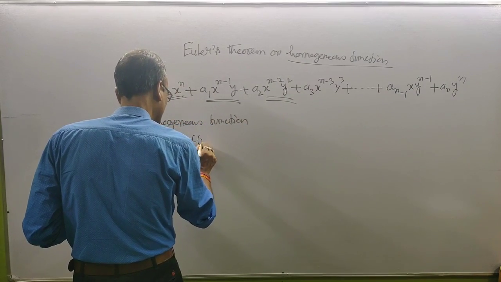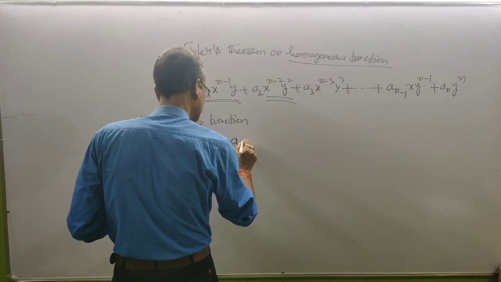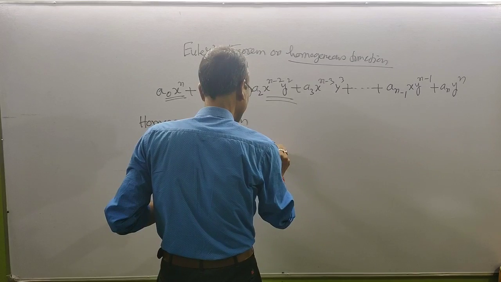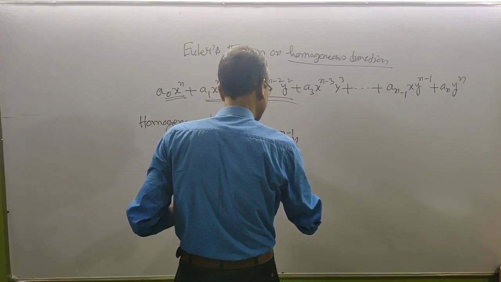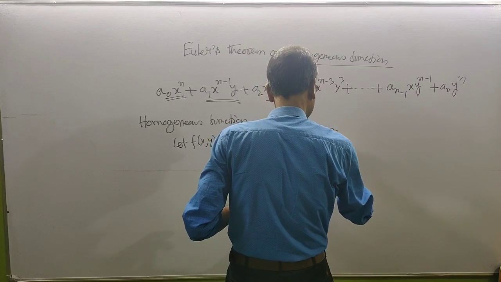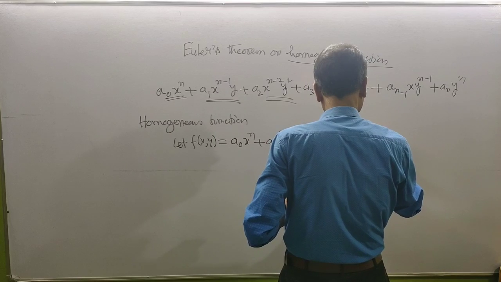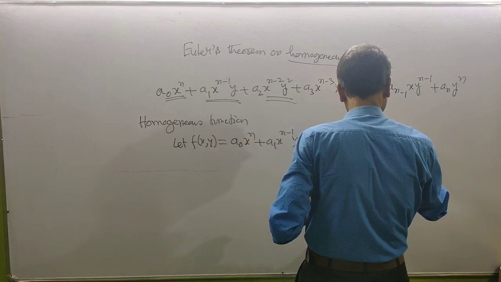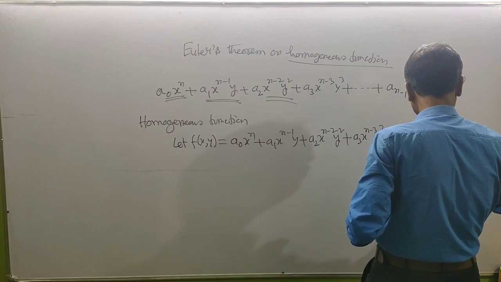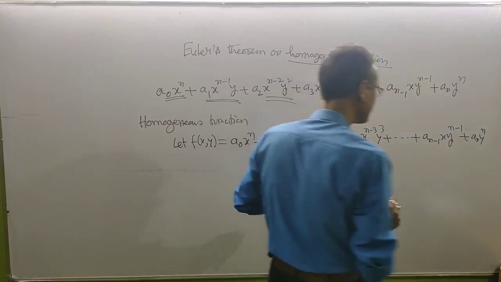Suppose f of x y equals a naught x to the power n plus a1 x to the power n minus 1 y plus a2 x to the power n minus 2 y square plus a3 x to the power n minus 3 y cube plus a n minus 1 x y to the power n minus 1 plus a n y to the power n.